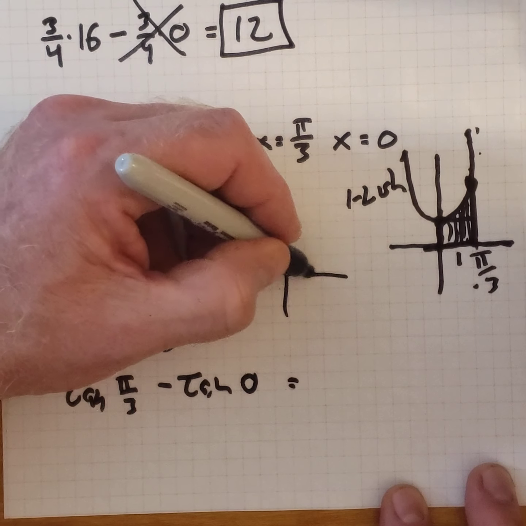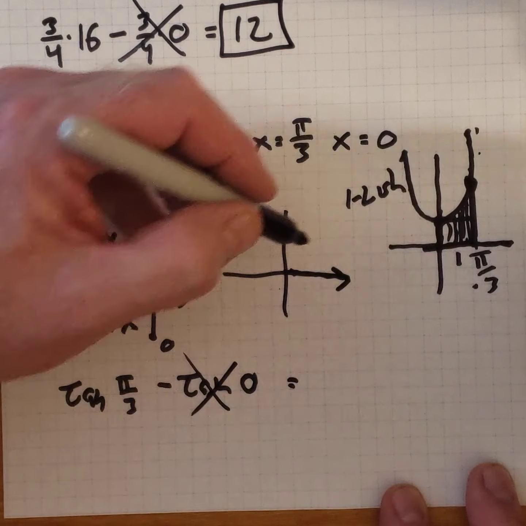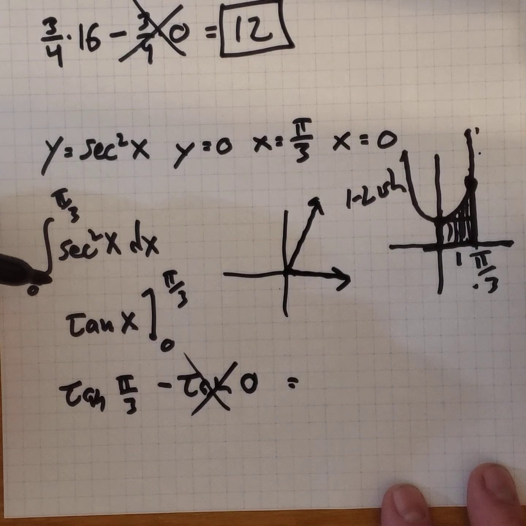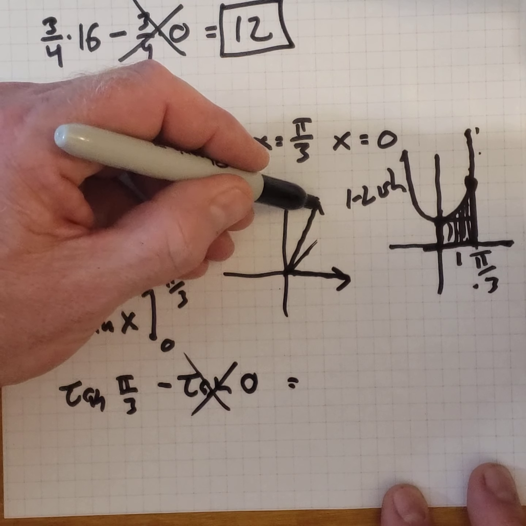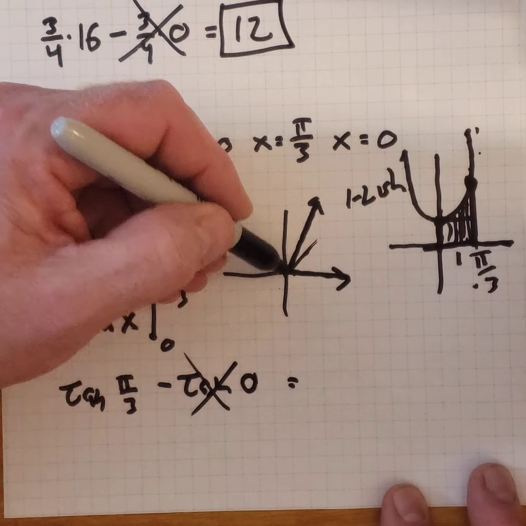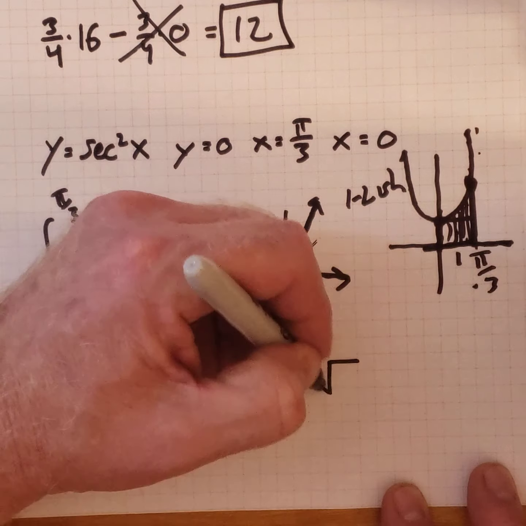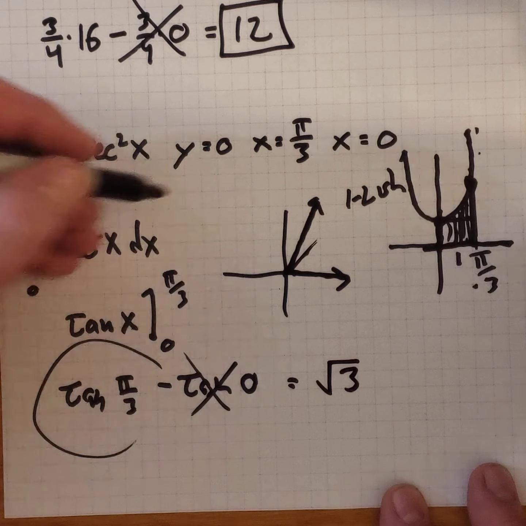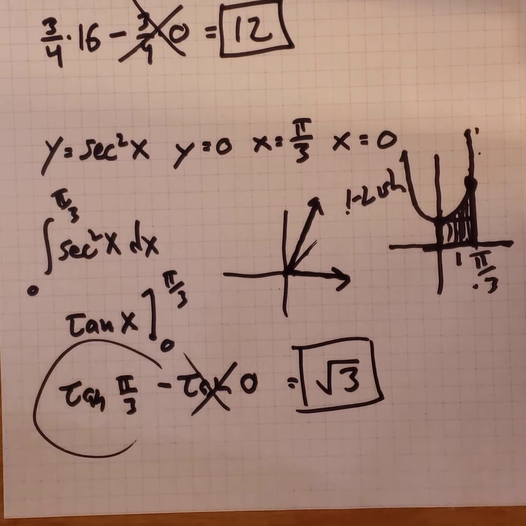So if I've got an angle of 0, that's got a slope of 0, so that part's nothing. If I've got an angle of pi over 3, that slope is greater than 1. Pi over 4 would have a slope of 1, and if you remember what the values were, the one that was greater than 1 was square root of 3. So the tangent of pi over 3 is just square root of 3, which is 1.732, which is very comfortably between 1 and 2. So I'm very happy with that answer.